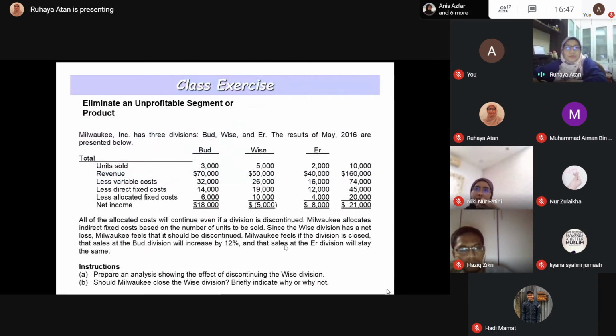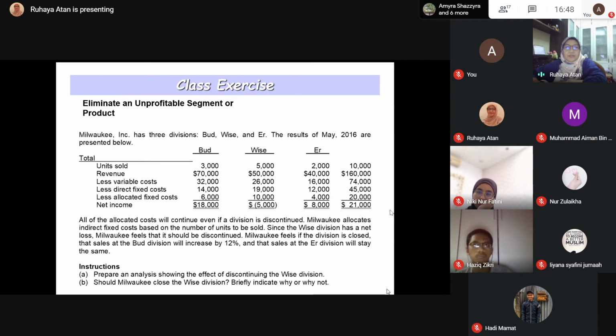So you need to calculate the fixed cost again. Since the Weiss division has net loss, they feel that the division should be closed, the sales of Bud increase and the sales at the Earl division will stay. So you need to calculate, remember that the fixed cost will be absorbed by the remaining divisions.